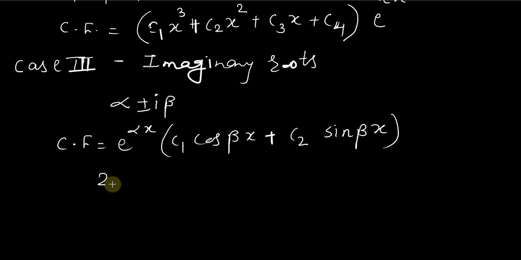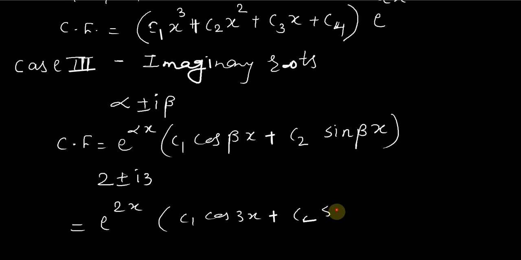Suppose, for example, 2 plus 3i is one imaginary pair. The corresponding CF is e raised to 2x times C1 cos 3x plus C2 sin 3x. So whenever an imaginary root appears, it appears in a pair.